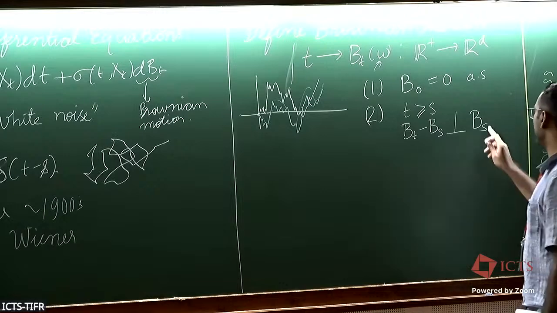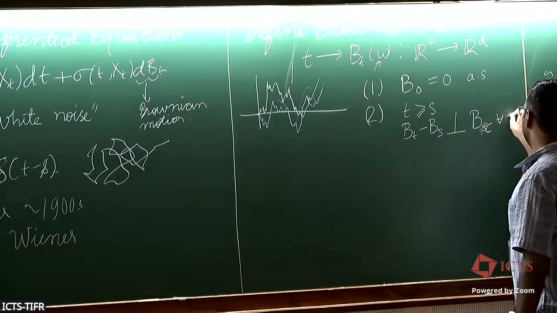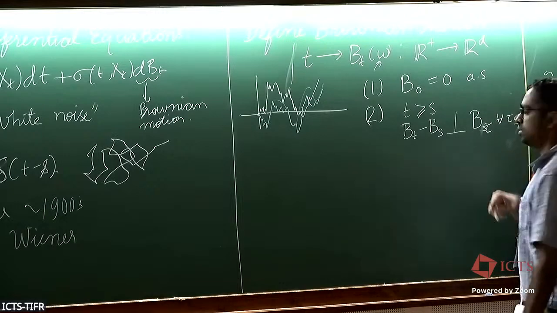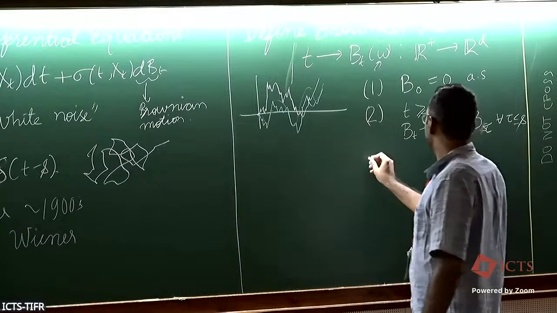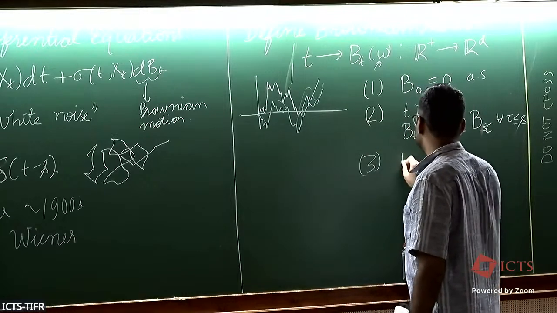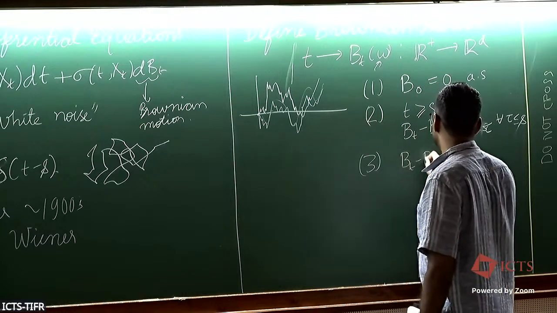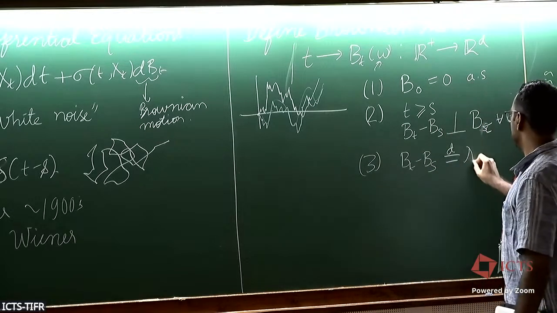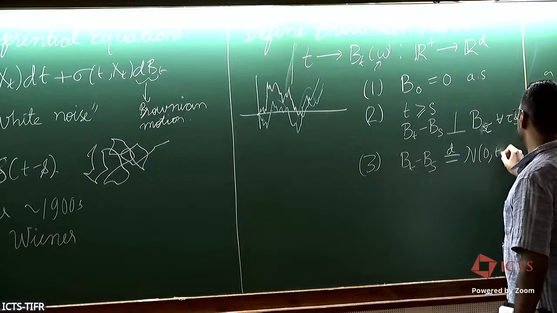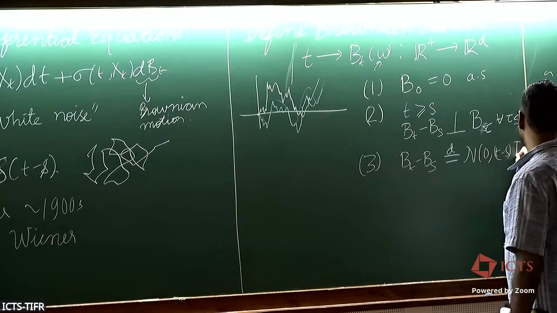Actually, we can make it for all tau less than or equal to s. That is, the increment you saw after time s is independent of everything that happened in the past, right? The third thing is B_t minus B_s is distributed as a normal distribution with mean zero and covariance (t minus s) times identity.